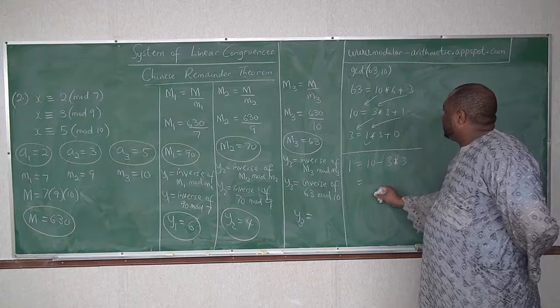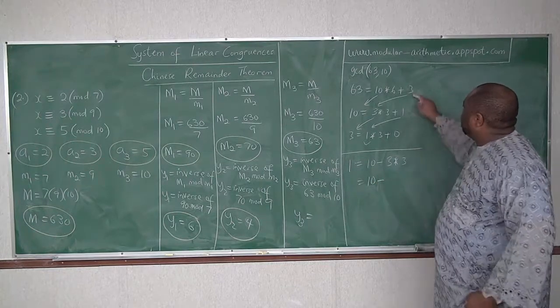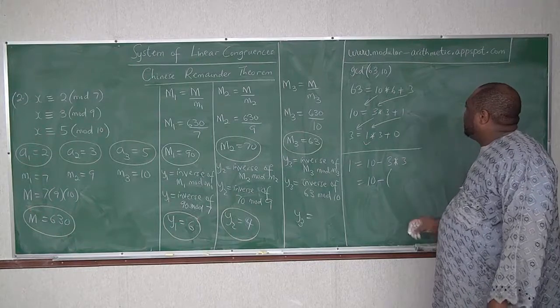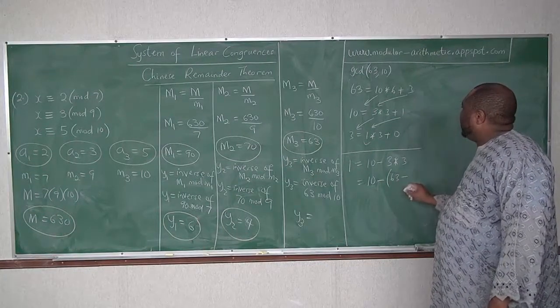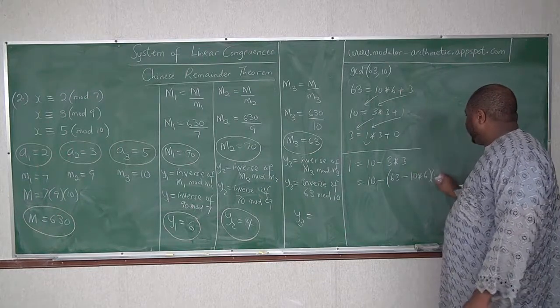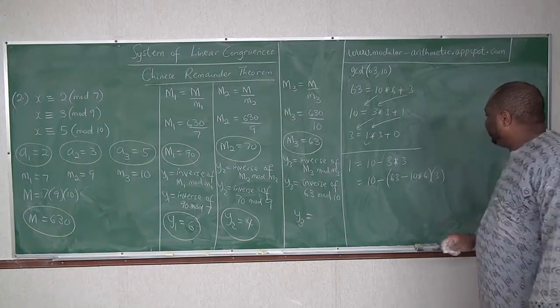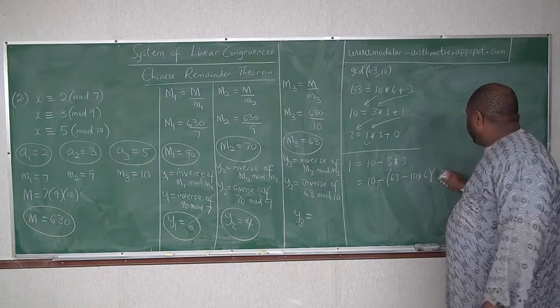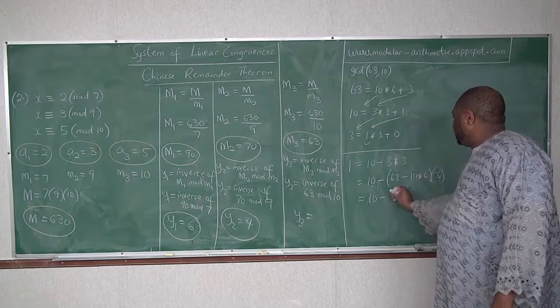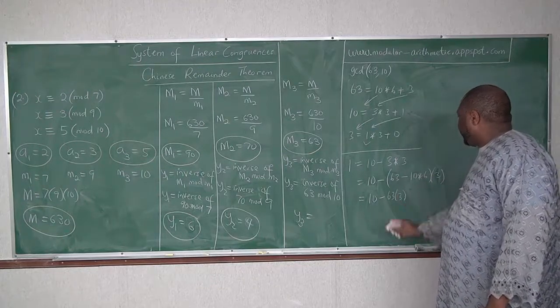So this is equal to 10 minus this 3, which we now put in parentheses as 63 minus 10 times 6, then times this 3. So this will be 10 minus 63 times 3.